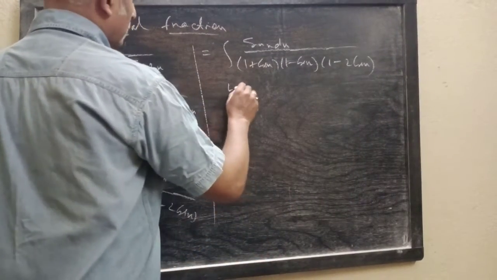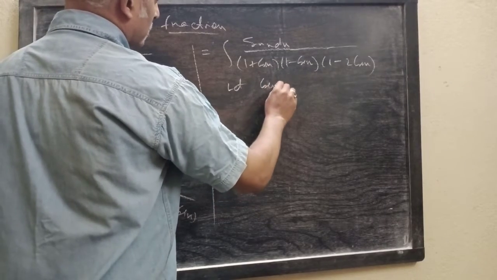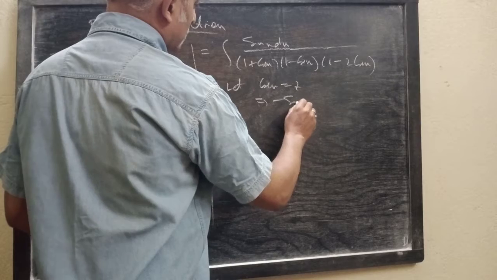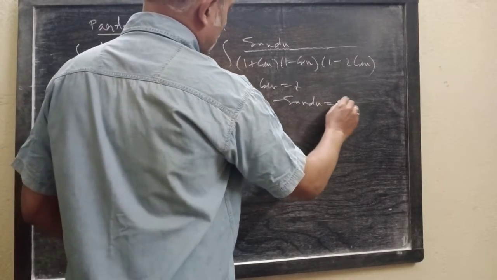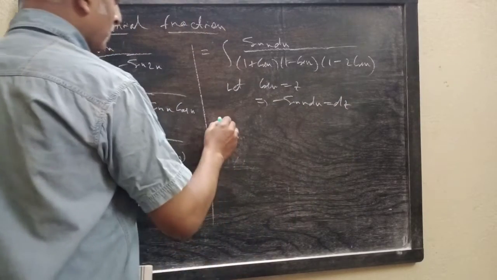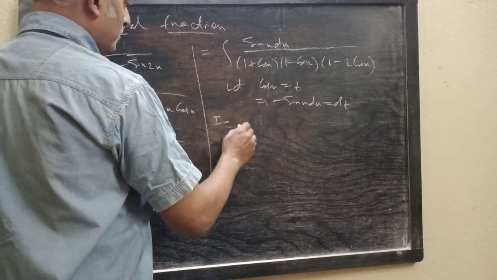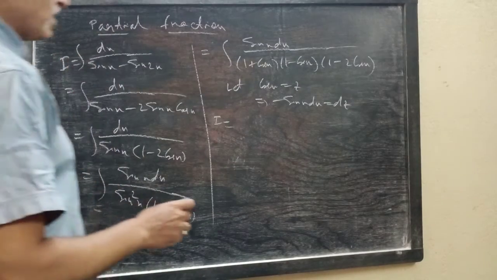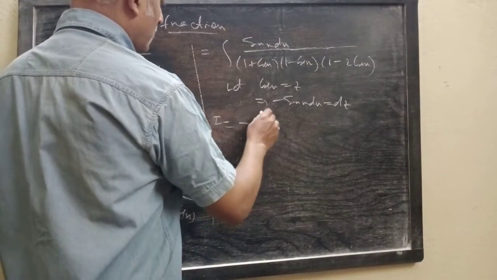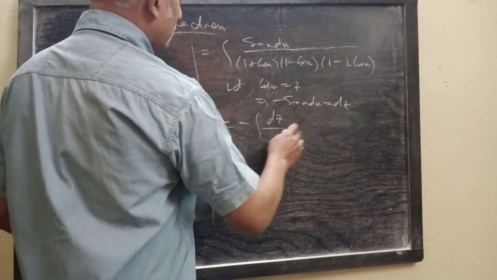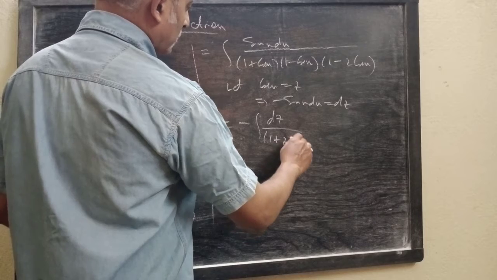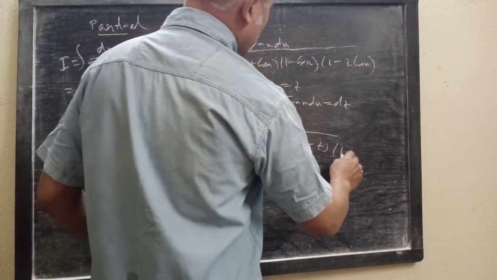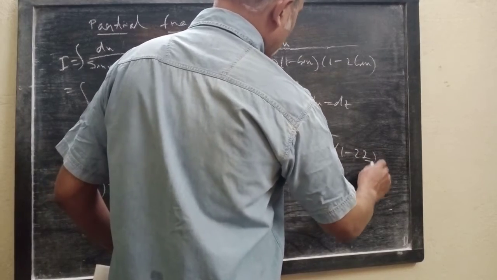Now let cos x equals z, that is minus sin x dx equals dz. So if we consider the initial integral, I will be equal to minus integration dz by 1 plus z, 1 minus z and 1 minus 2z.